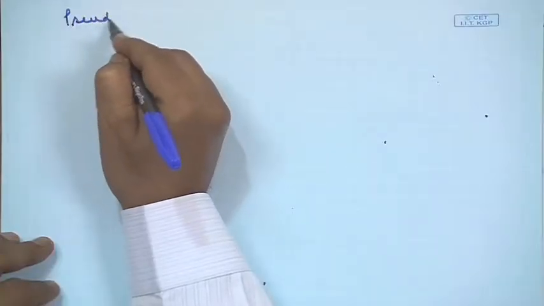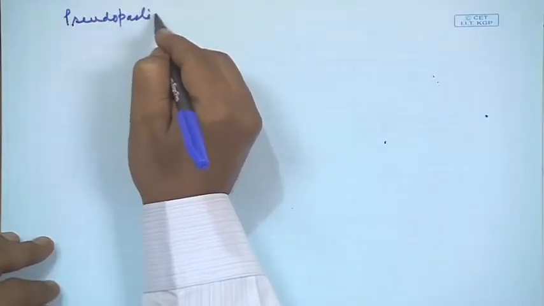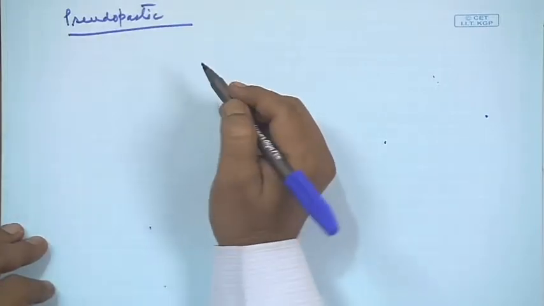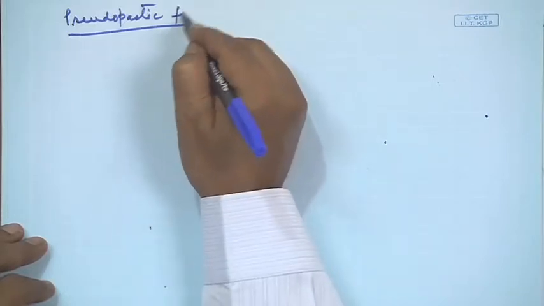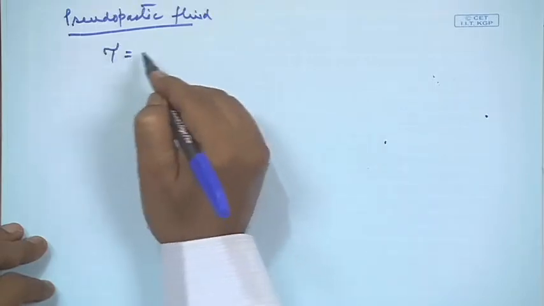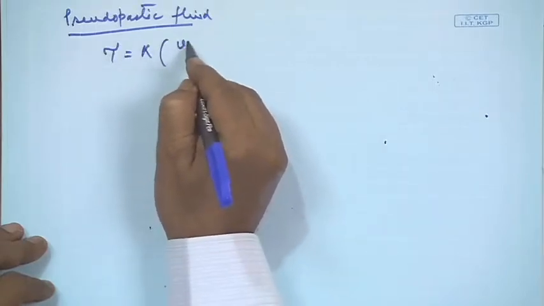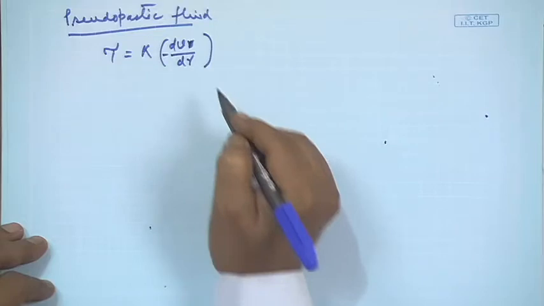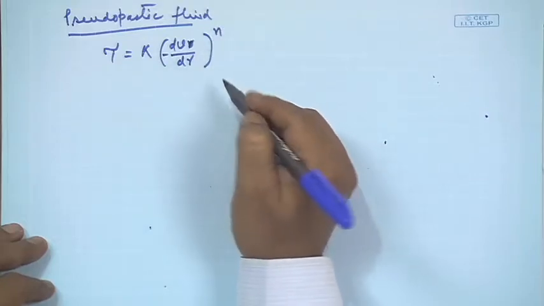Next we go to the second type, called the pseudo-plastic. For pseudo-plastic fluid we write the relation as tau equals K times minus dV dr, to the power n.